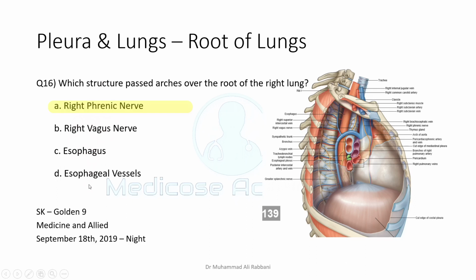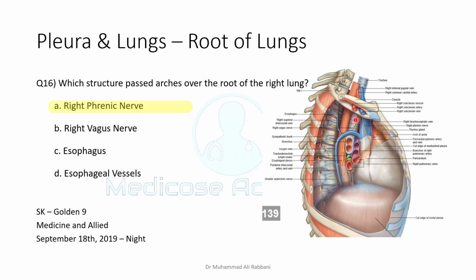Before making the video, I actually dwelled on it a lot. I think some mistake has been made, but even if the mistake has not been made, in my humble opinion, here is the phrenic nerve going on the right side of the vena cava and going on the side of the pericardium. And here's the root of the lung. You can see from this picture, it does not have any superior relation to the hilum of the lung.